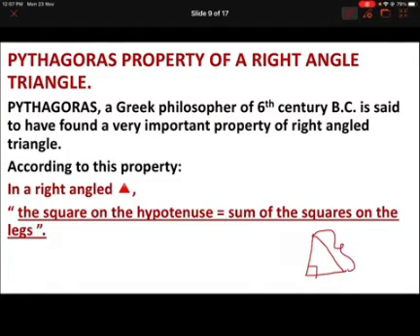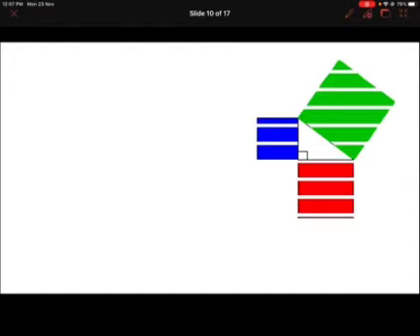What he says is the square on the hypotenuse; I'll shortly tell you what square means. You can imagine a square sitting here. This square on the hypotenuse is equal to the sum of the squares. There is one more square here and one more square here. So the area of this square is equal to the area of these two squares added together. That is what the Pythagoras property means. I'll show you.